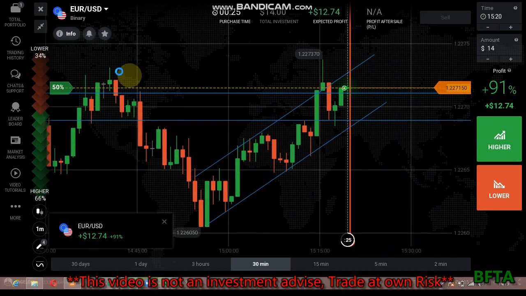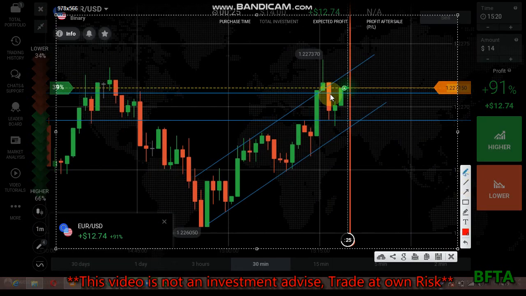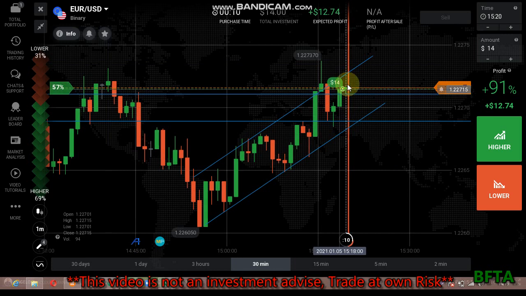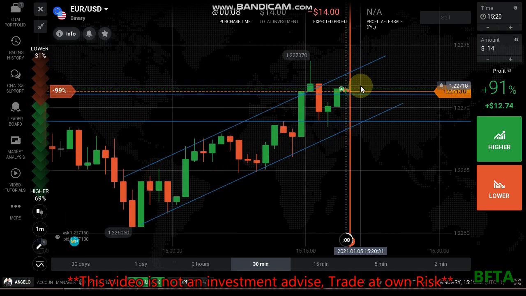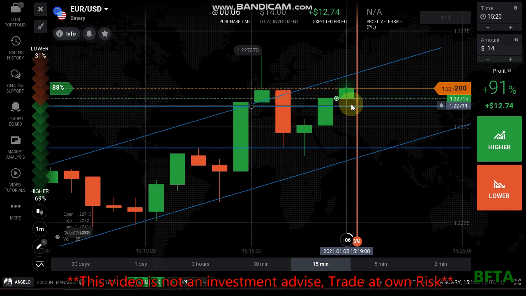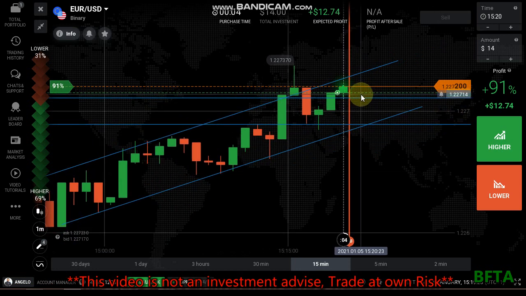I place call option because buyers crossed this line, so buyers are going to continue upward. If this bullish candle closes below this line, sellers will still enter again, but it closed above the line, so buyers will enter, then we got rejection from this level.